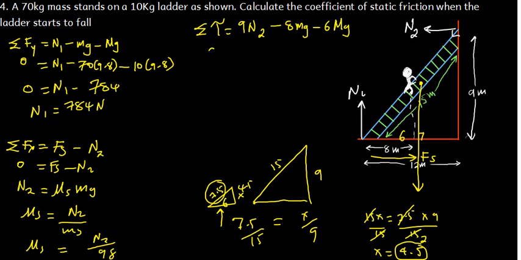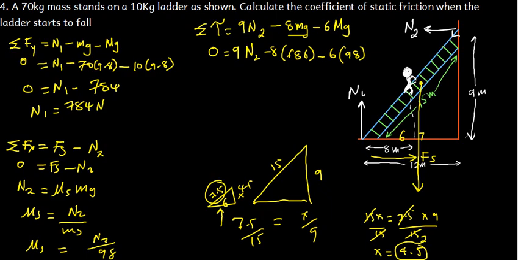So the net torque is going to be equal to 0, and that is 9 N2 minus 8. The mass of the person is 70 kg, and 70 times 9.8 is 686, then minus 6 mg, that is 10 times 9.8, that is going to be 98.